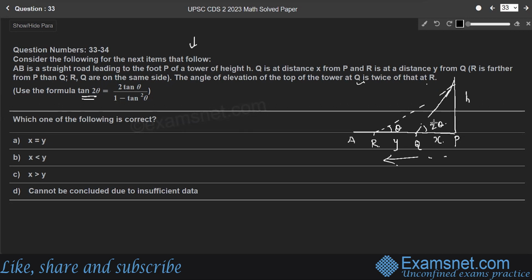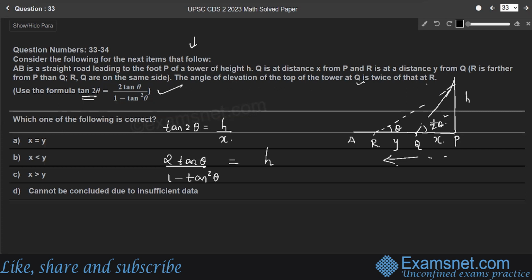So here students, we'll consider angle of elevation at Q, right? So tan 2 theta, we'll consider tan 2 theta. Since tan theta is opposite by adjacent, right? So tan 2 theta is h by x, right? And also tan 2 theta is, by the formula, it is 2 tan theta by 1 minus tan square theta, right?